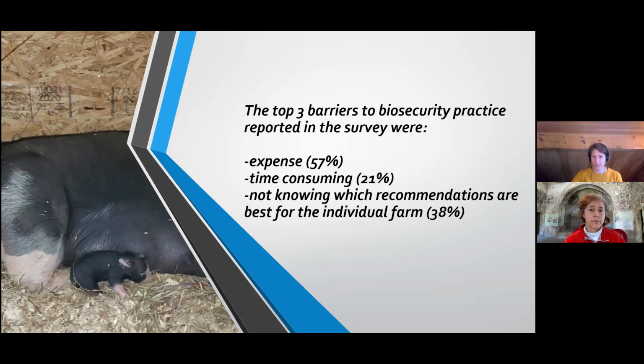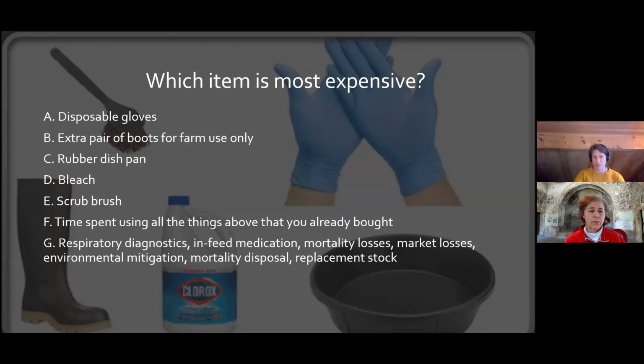So for that last topic, we hope to really tackle this head on at each farm through the individual biosecurity assessments. But for the top two, the expense and the time that has to be dedicated to biosecurity practice, that made us think of this question to follow up for our respondents, which I'll read here.